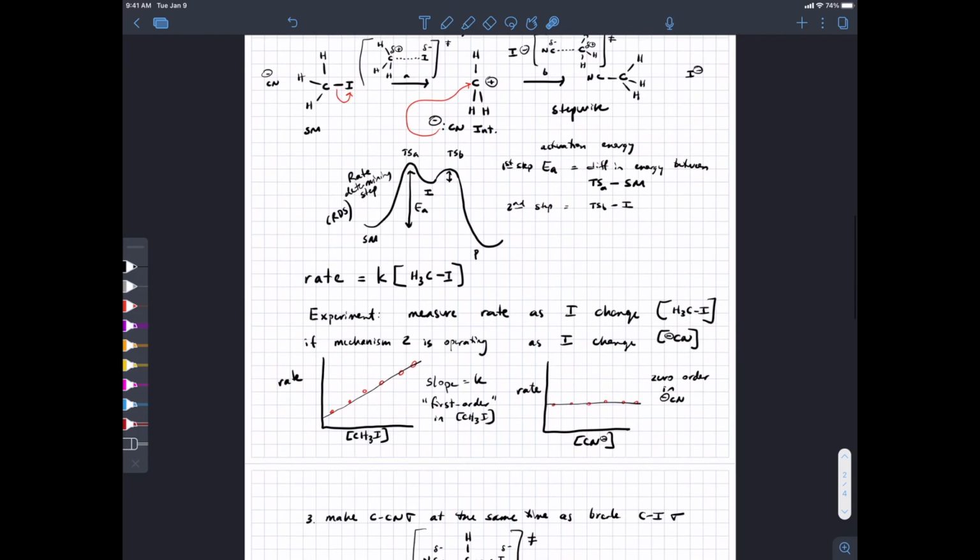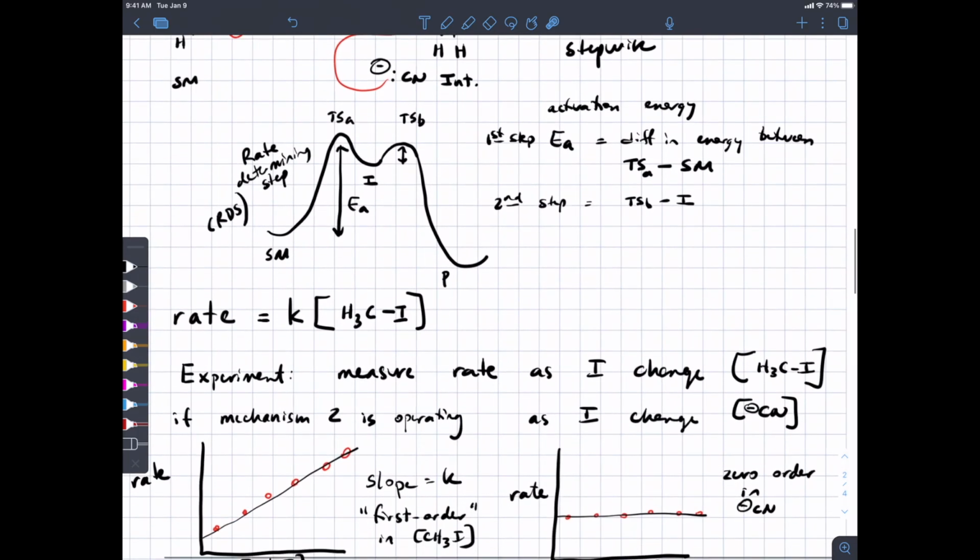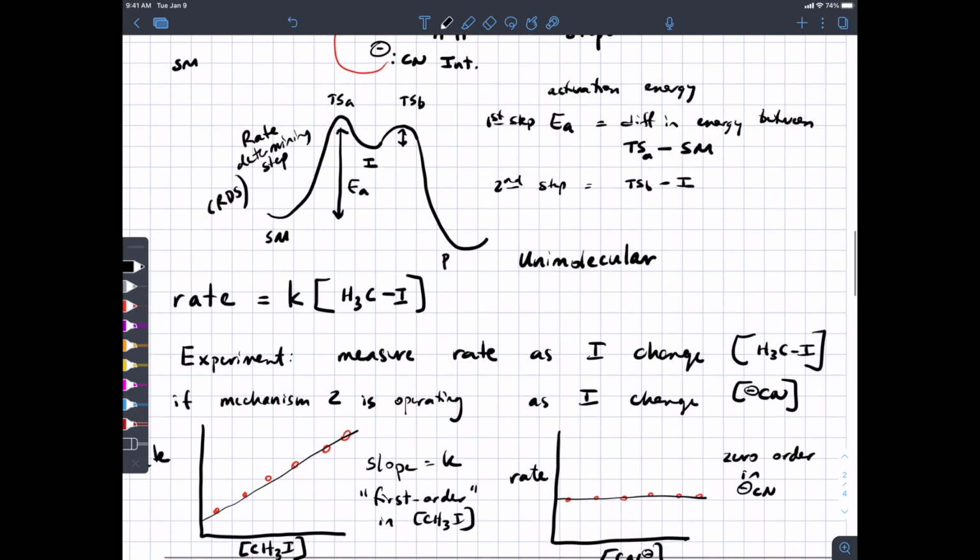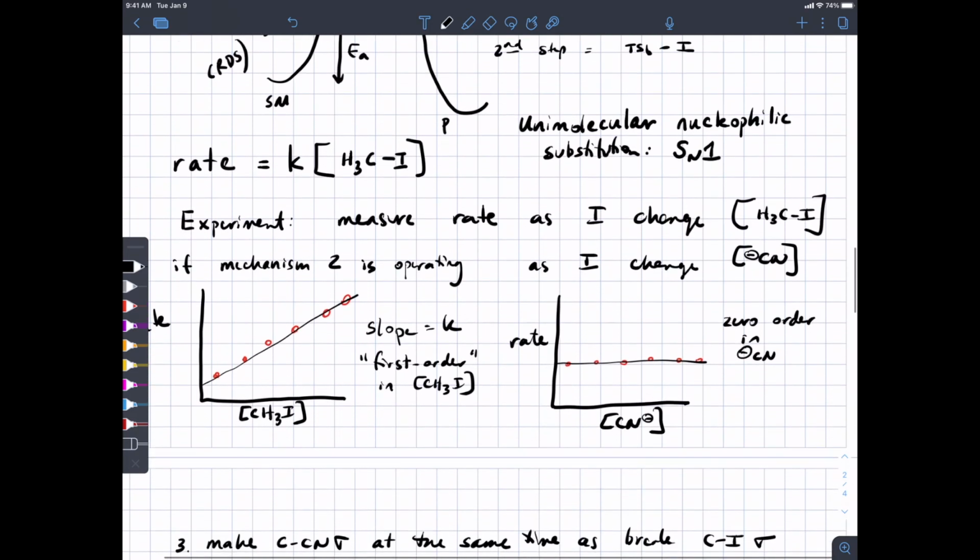You're going to see that this substitution reaction that depends on only one thing, we're going to call unimolecular, meaning there's only one concentration term in the rate law, unimolecular nucleophilic substitution. And we're going to abbreviate that as, and this is a term that will now haunt you until exam 3, SN1.